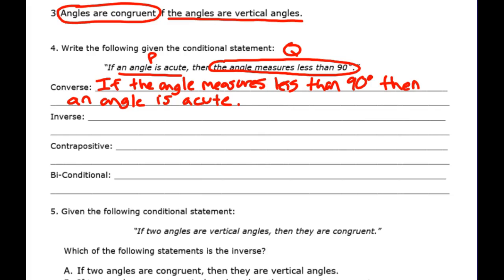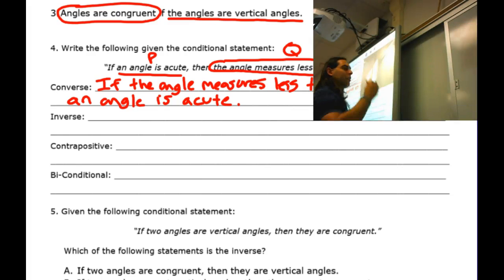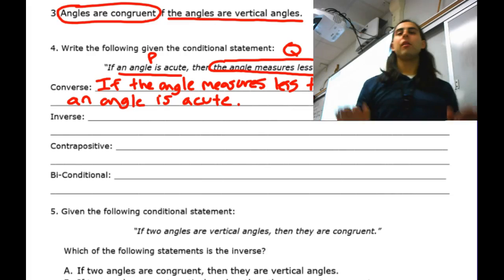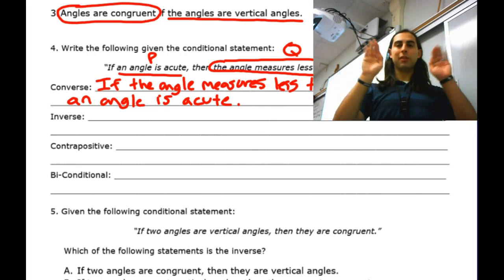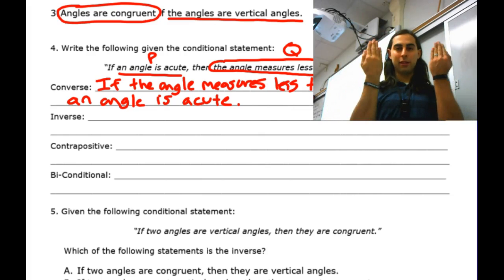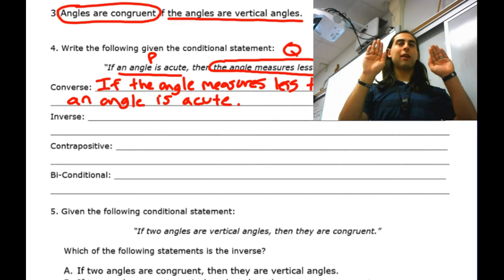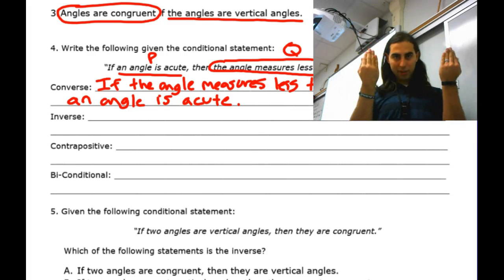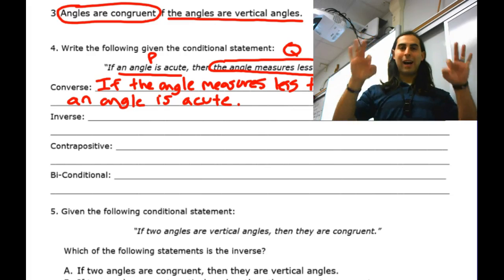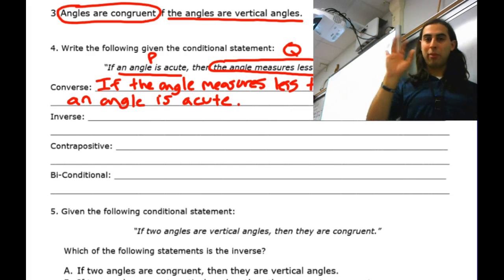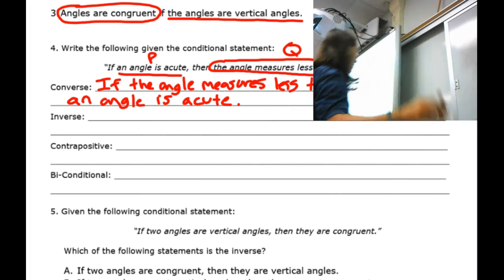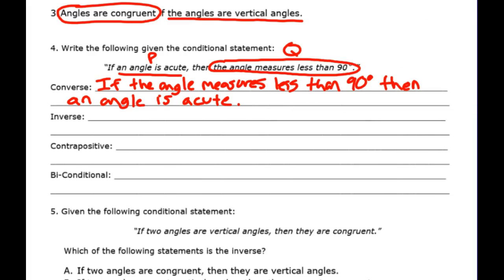Let's look at the second part. It says inverse. So let's remember what we do for inverse. For inverse, I keep the same order, but I make these opposite. I call it flipping, but that just means opposite. All that means is I put nots in my parts of my sentence. So specifically, on this one, instead of if an angle is acute, I'm going to keep that P right where it is.